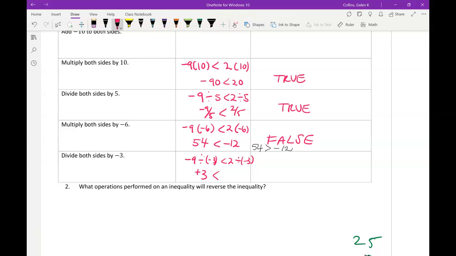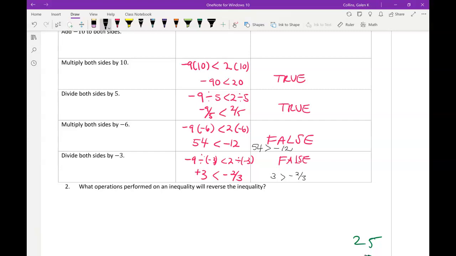We're saying that's less than 2 divided by -3, which is -2/3. And again, this statement is false because -2/3 is a negative number, so it's not greater than a positive number. So again, for that inequality to be true, we would have to switch the inequality symbol. So 3 is greater than -2/3.